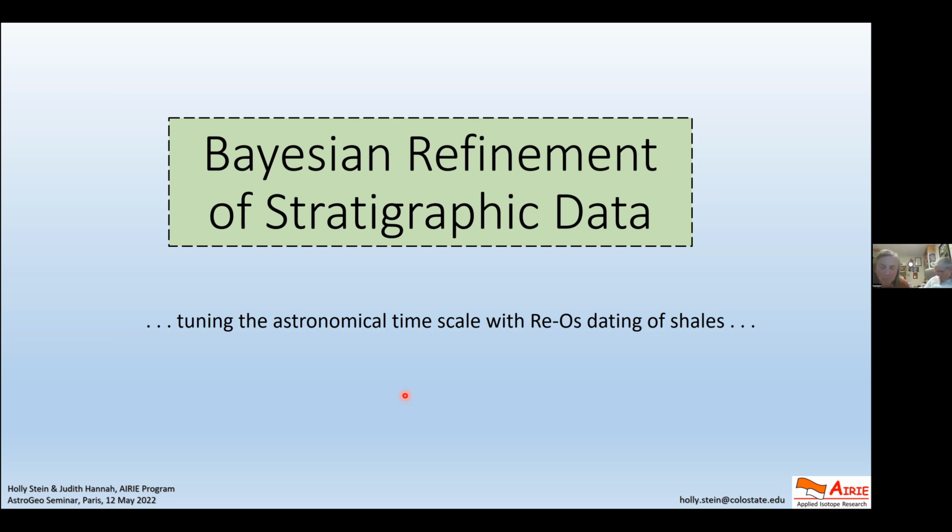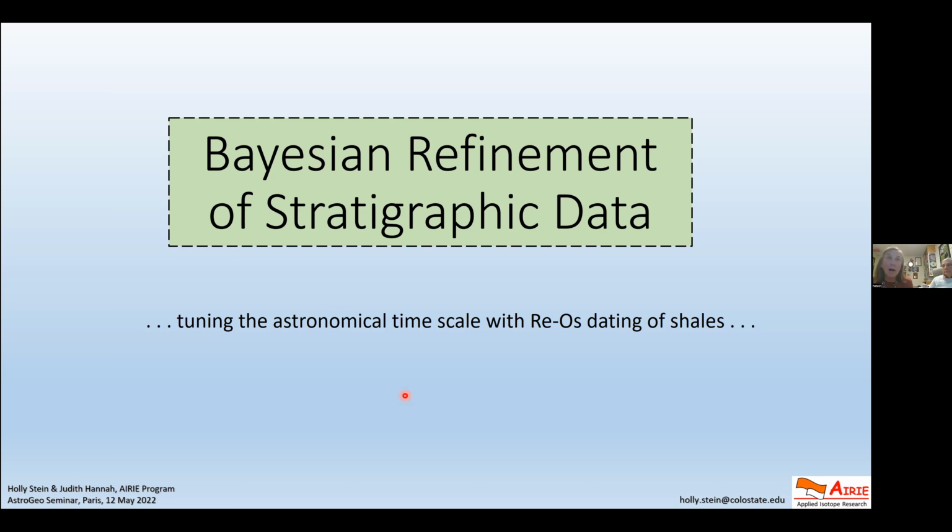So, well, excuse me, the fundamental problem we have trying to date cyclicity is we're looking at cycles, the most important one of 405,000 years. That's less than 500,000 years. So we've been looking at isochrons with uncertainties of 1, 2, 3 million years.